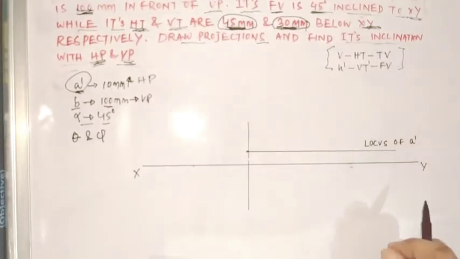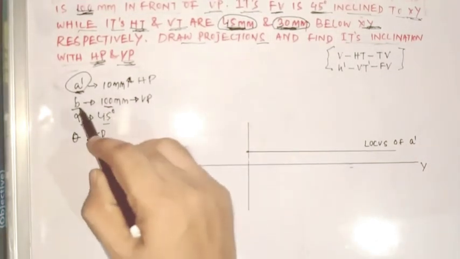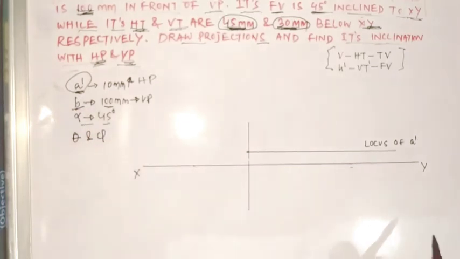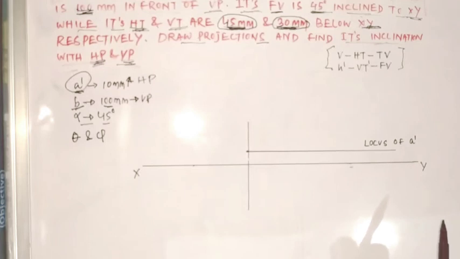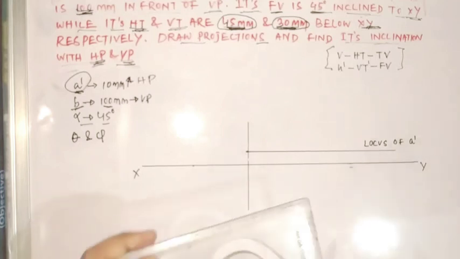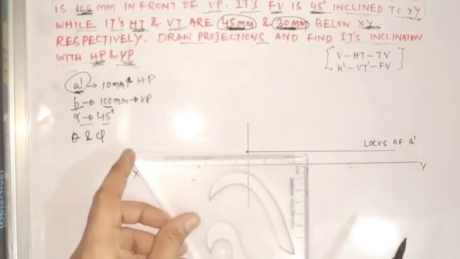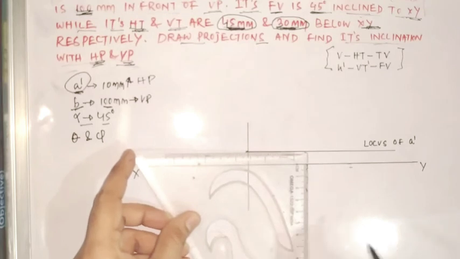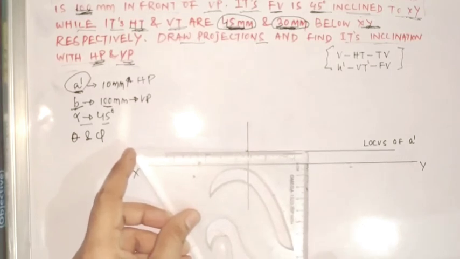The next data given is that B, which is the B point of your top view, is located 100 in front of VP. To locate that I need to go down by 100. Somewhere here I'll get the point.